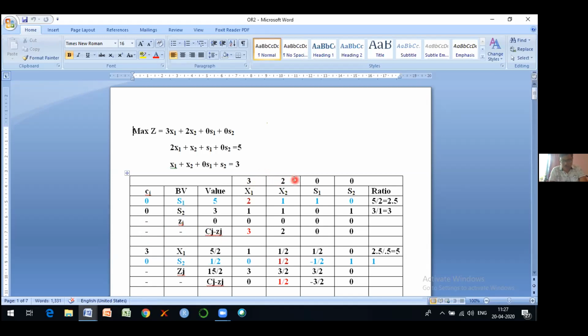Just observe these coefficients 3, 2, 0, 0, and all these Zj values, not from this position, we'll count from this position 0, 0, 0, 0. So 3 minus 0 equal to 3. 2 minus 0 equal to 2. 0 minus 0 equal to 0. 0 minus 0 equal to 0. Right. So this is our first table.